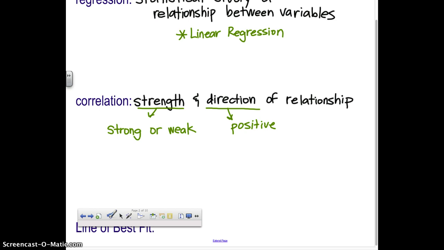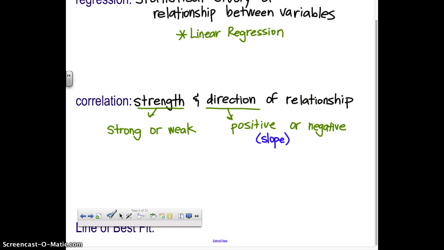A positive correlation means as one data value rises, the other data value also rises. Negative means as one goes up, the other goes down. So positive or negative. When we talk about direction, we're kind of looking a little bit at slope. The slope of our line.